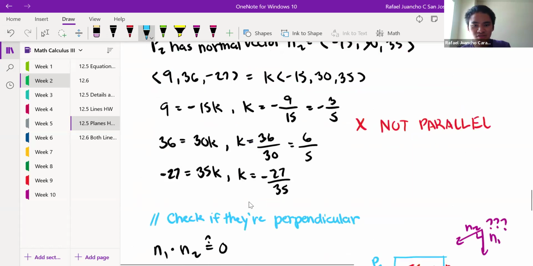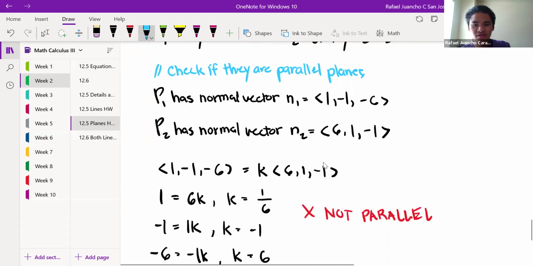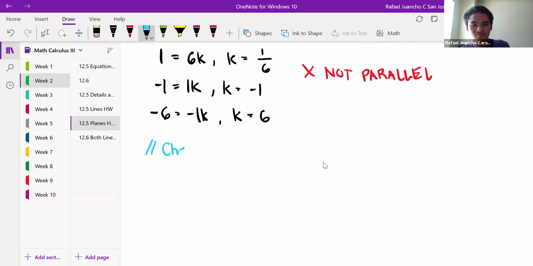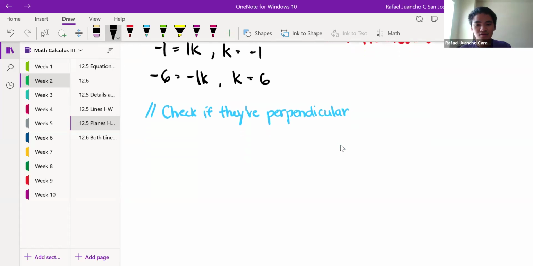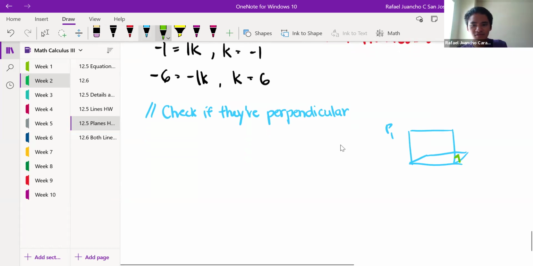Now let's check if they're perpendicular. So how do we do that? Again, if we have plane P1, and we have another plane here, and let's say they are indeed perpendicular, this is P2.